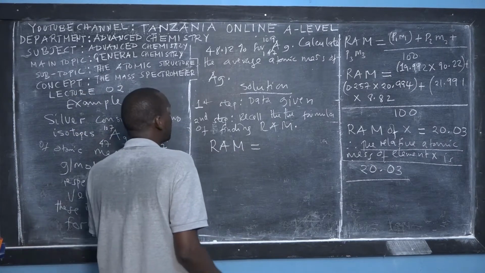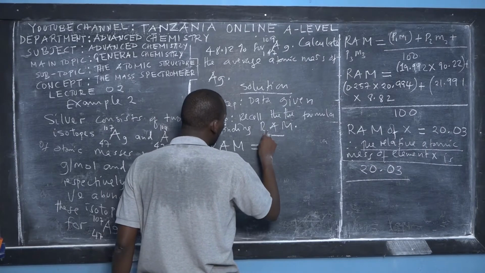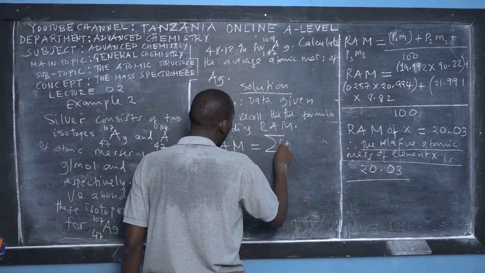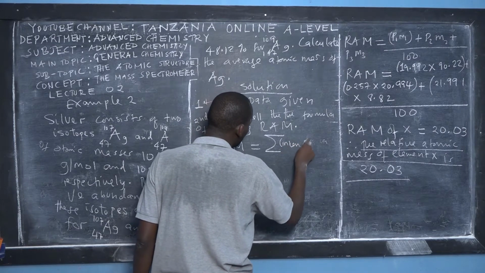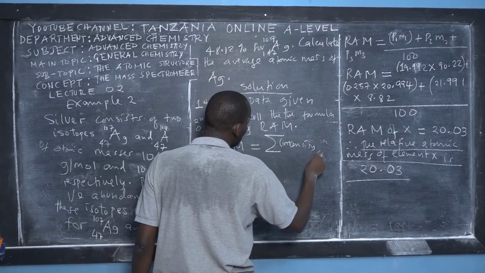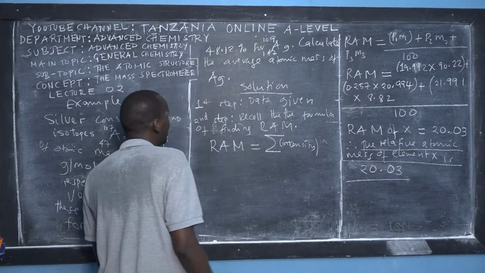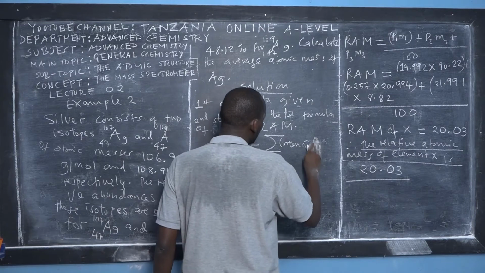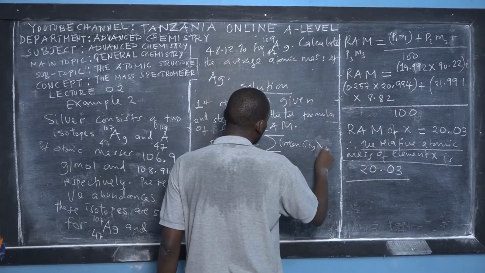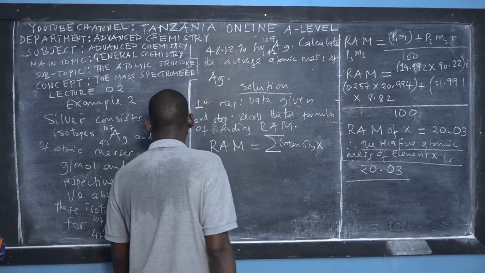And this relative atomic mass is equal to the summation of the product of what? Intensity times what? What are we given?